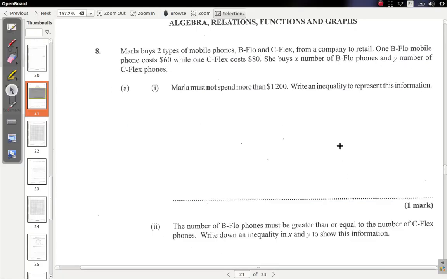Alright. Next thing, it says here the number of B Flow phones must be greater than or equal to the number of C Flex phones. Write down an inequality in x and y to show this information. When you write that down, what do you think it is?